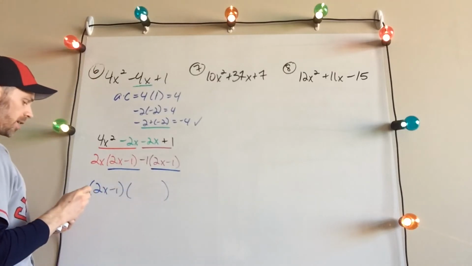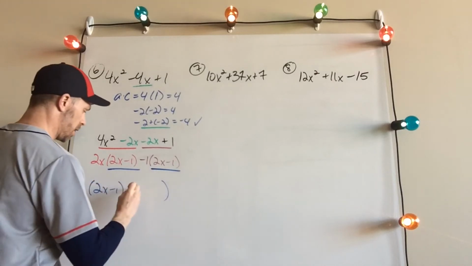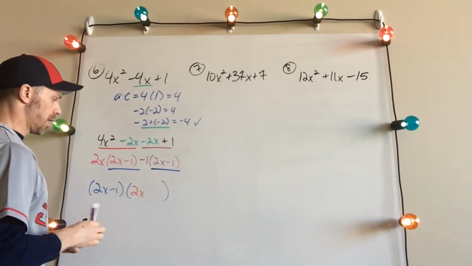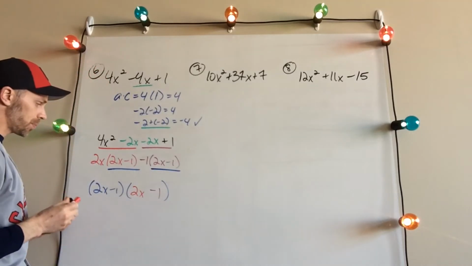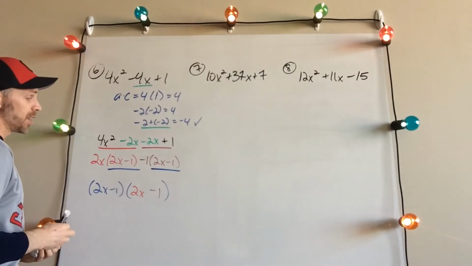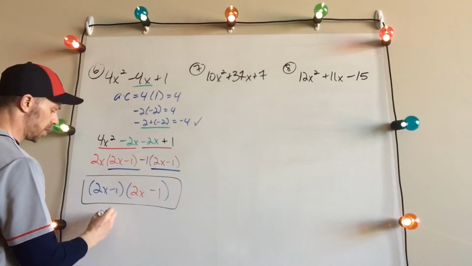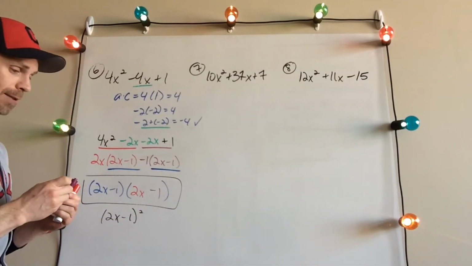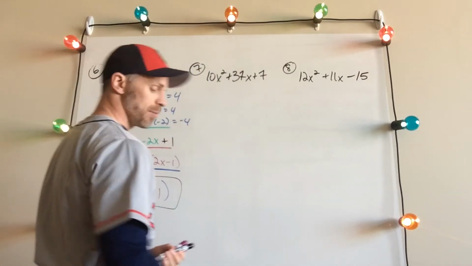And then inside our next set of parentheses, we're left with this 2x and that minus 1. Alright, we do have the same thing twice, so if you wanted, you could write it once with the squared. Okay. Give us a little bit of room, get rid of that.